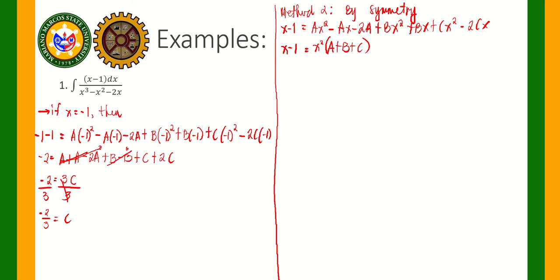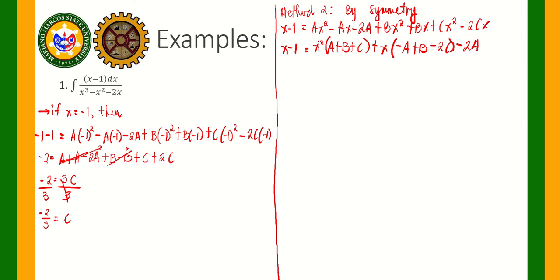So, lahat ng may x squared yan. And then, susunod naman is si x. We have negative a, and then si positive b, and then si negative 2c. And then, lahat ng constant. So, minus 2a, since siya lang naman yung walang variable na x.